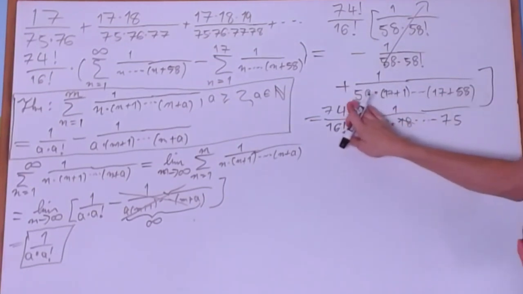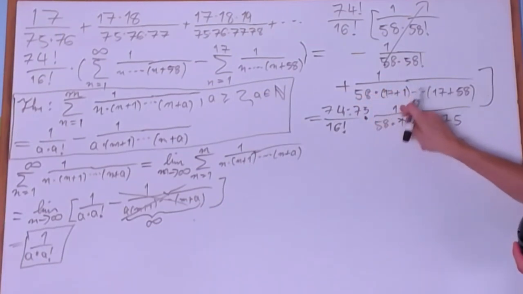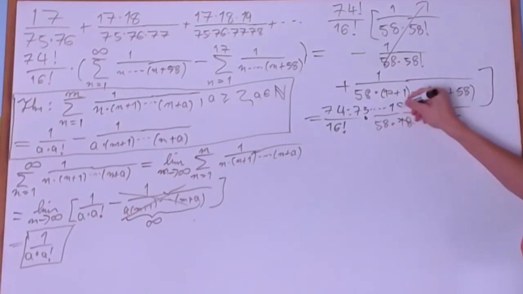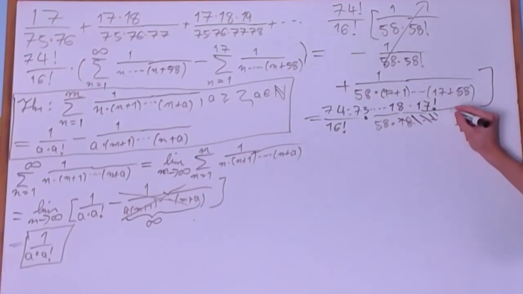Let me go ahead and write out 74 factorial. So it's 74 times 73 all the way down until 18 times 17 factorial. All right? Just write 17 factorial for the trail that's at the end. You can see that all of these terms, all the way up until 74, and then there's an extra 75 out the other end.